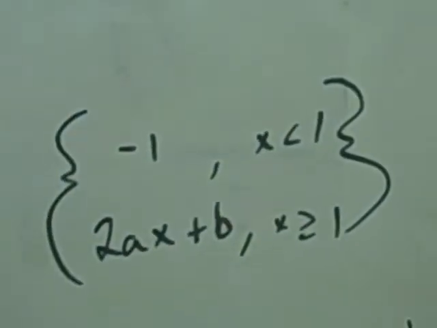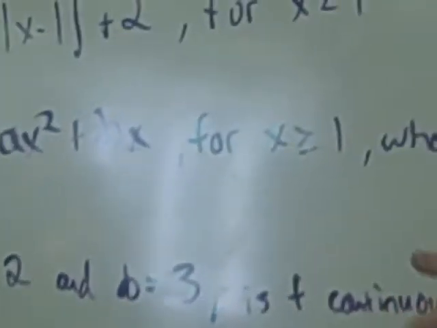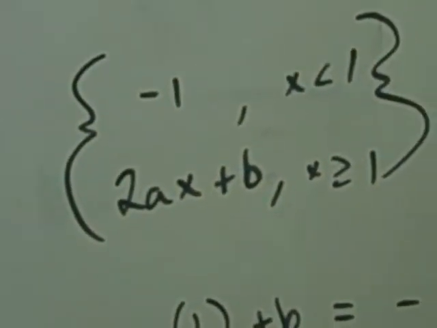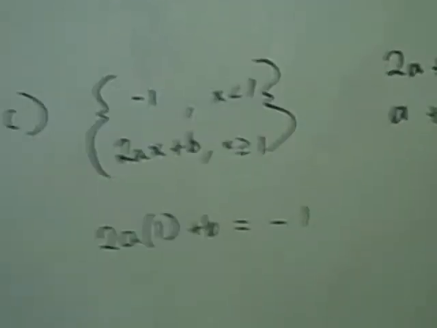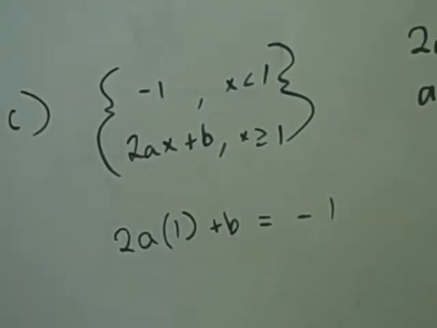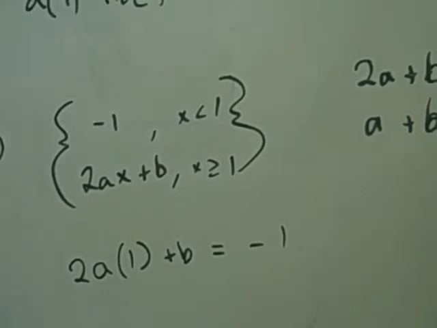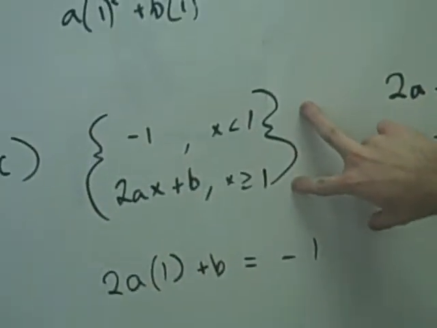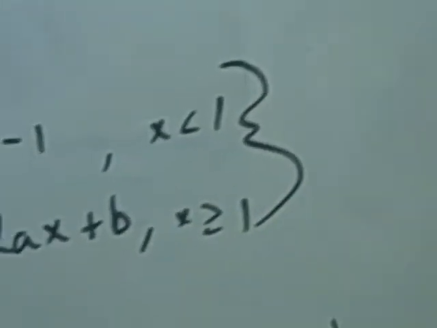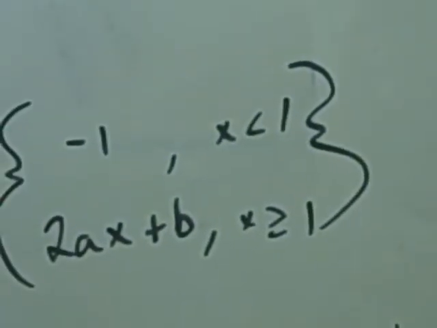And the derivative of ax squared plus bx just gives you 2ax plus b, a simple derivative. For something to be differentiable, the derivative of both of them at the same point which they share, which yet again is x equals 1, has to be the same.